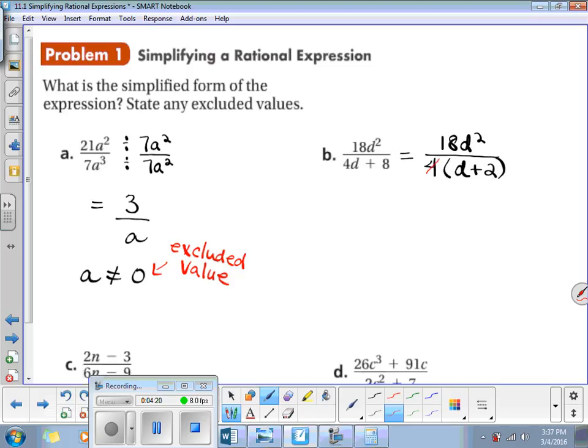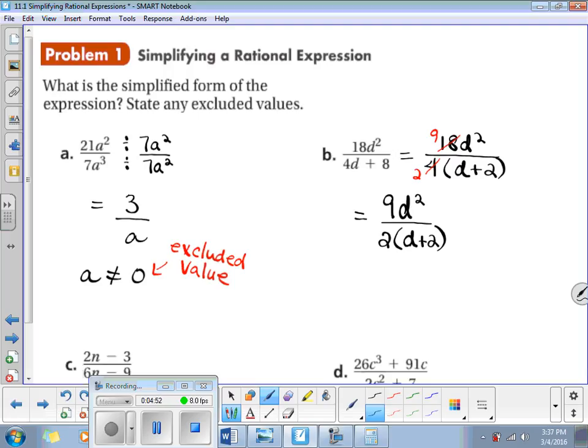4 divided by 4 is 1, and 18 divided by 2 is 9. So we're left with 9d squared all over 2 times d plus 2. Now we have to think about what d cannot be equal to.